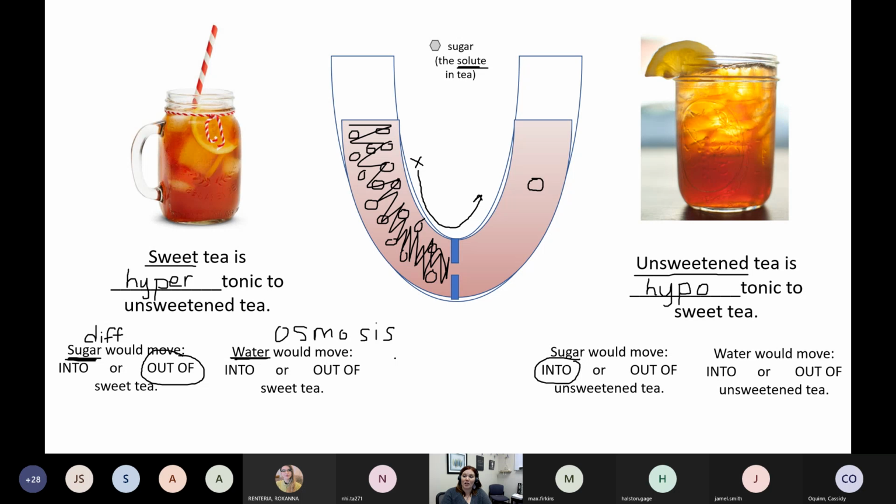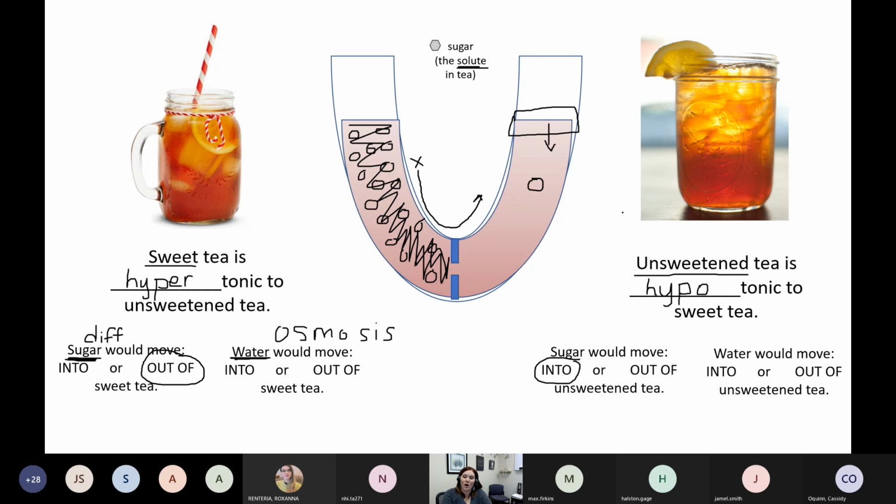Which side is going to have water molecules that bounce around and hit each other instead of hitting solutes? Yeah, exactly. My tube on the right, right? Over here, I've got a bunch of space all throughout this tube, a bunch of space where there's no sugar or very, very little sugar.